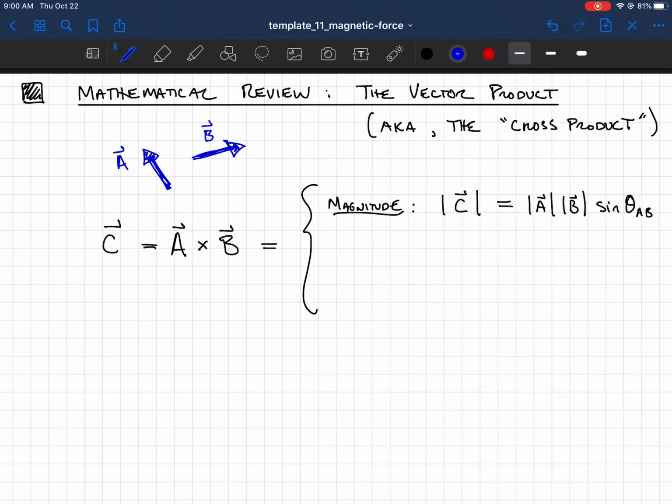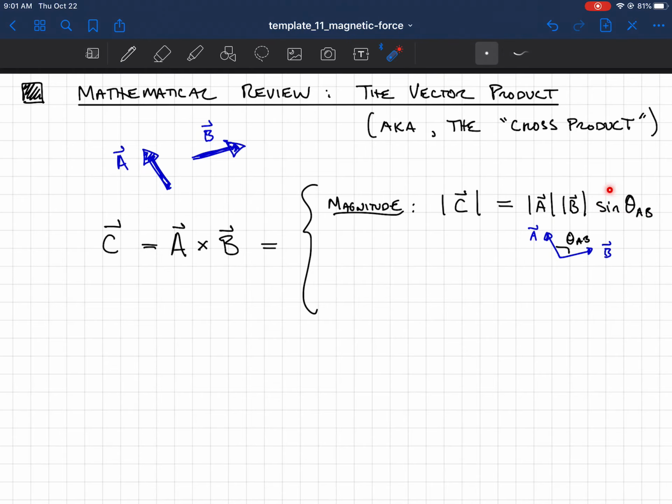So here's A, and here's B, and this angle is what we're talking about. This is theta A, B. This is the A vector and the B vector. So you have to put their tails together to find out that angle in order to figure out what the magnitude of the cross product is.